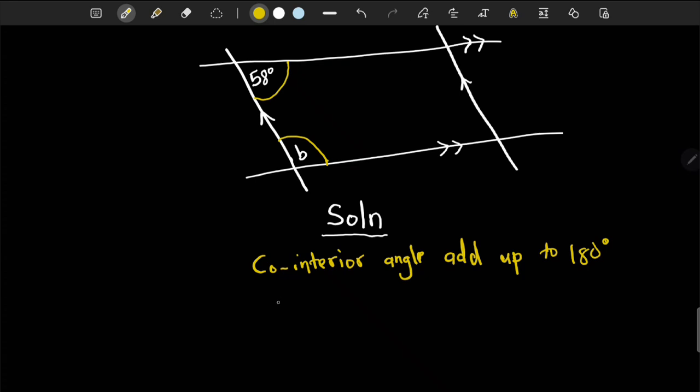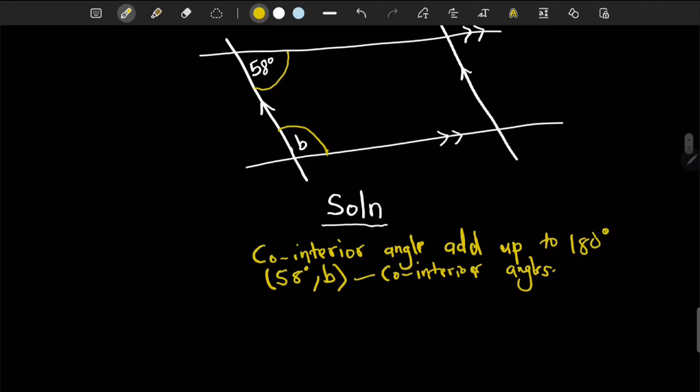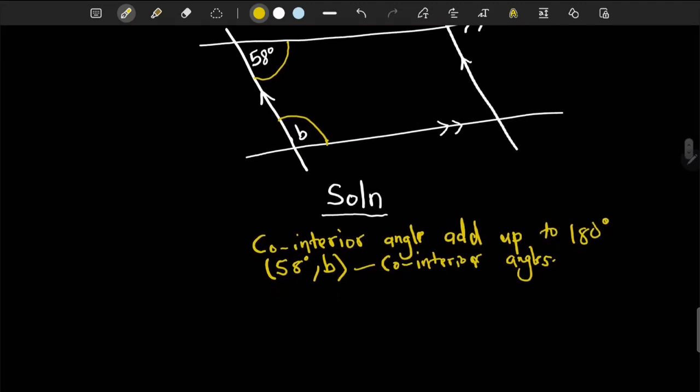And we have 58 degrees and B here, and both of them are what? Co-interior angles. So if they are co-interior angles, when you add them up, it should give you 180. We can rely on that to find our B.